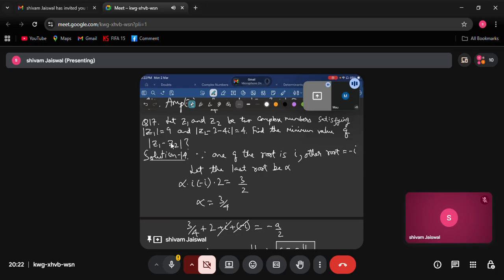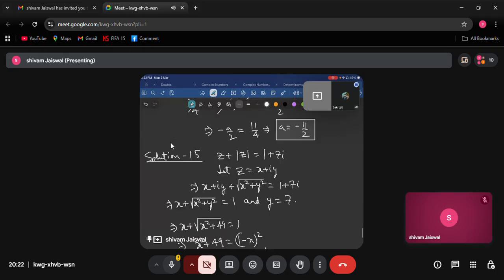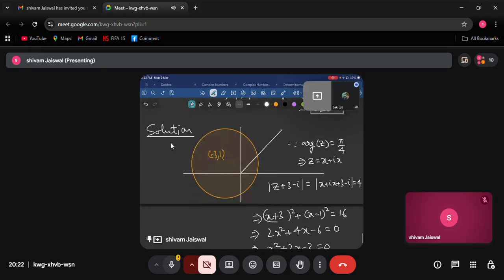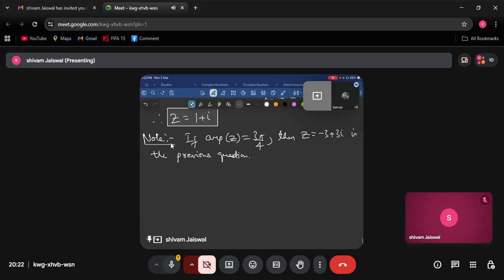Okay, everyone, I'm solving this one. What does mod of Z1 equal to 9 represent? Where does Z1 lie? This represents a circle with center (0, 0), the origin, and radius 9.